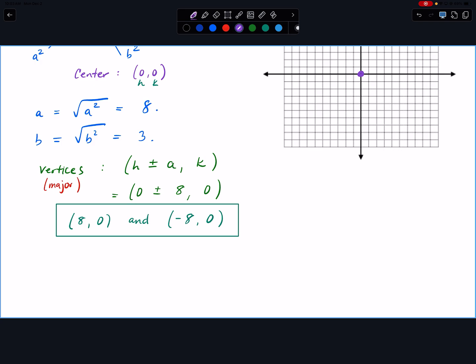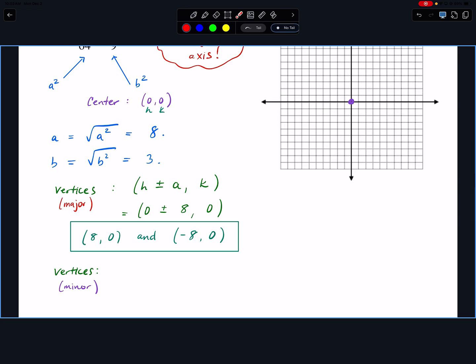You can also find your minor vertices. If the major axis goes this way, isn't that the x direction? Do you see how I'm adding the a value to the x coordinate? So how could I find the minor vertices? If the major axis goes this way, the minor axis goes up and down.